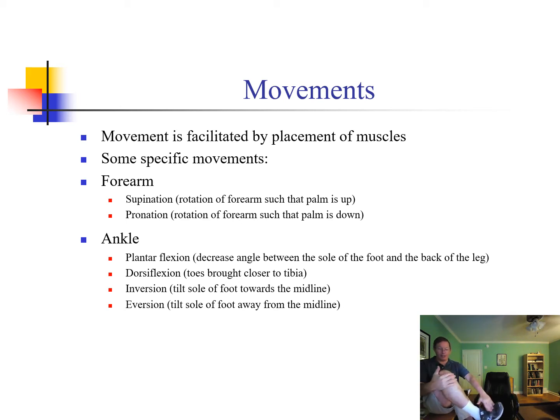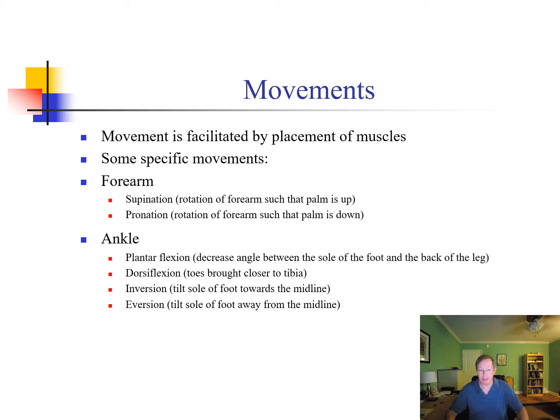That's because the top part of my foot is called the dorsum and the bottom part, the plantar surface. I also have the possibility of moving it inwards towards the center of my body. This is an inversion, or externally everting it away from the midline. And so those are typical movements that skeletal muscle will make, and that facilitated by various placements.